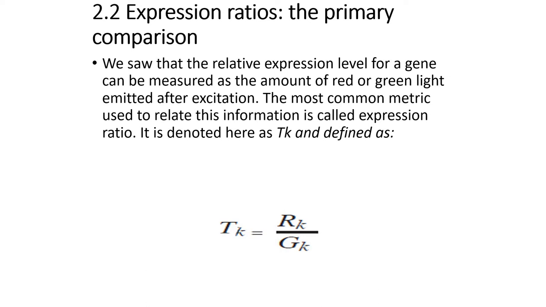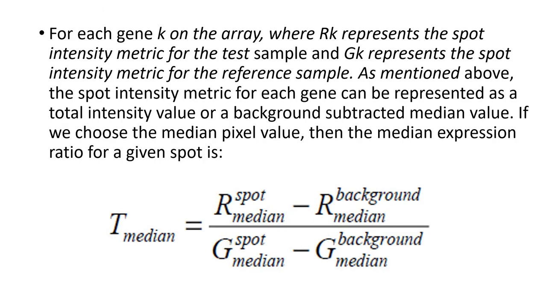RK denotes the test sample, and GK denotes the gene expressed in the reference. So for each gene K on the array, RK represents the spot intensity metric for the test sample, and GK represents the spot intensity metric for the reference sample. Now this is clear. We have to divide RK by GK.